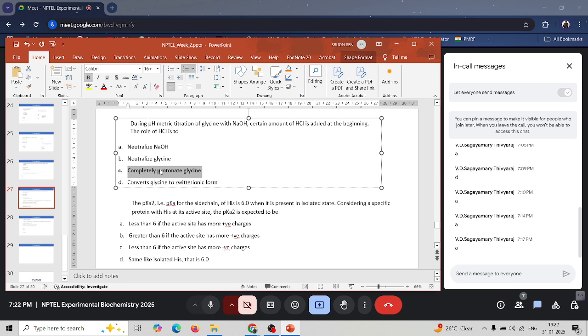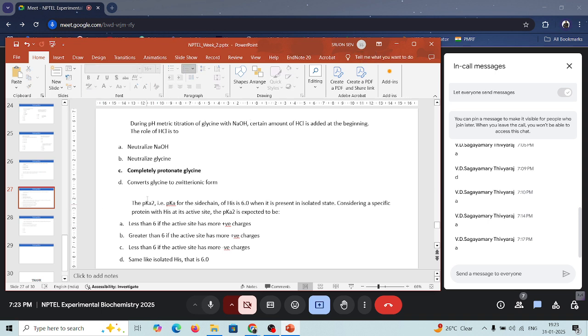And this is very important, because if the glycines are not completely protonated, the middle point between the glycine in the positive form and the zwitterionic form of glycine will shift severely, and this would lead to a discrepancy in your results. Okay, so for completely protonating glycine, HCl is added in some amount at the very beginning of the experiment.